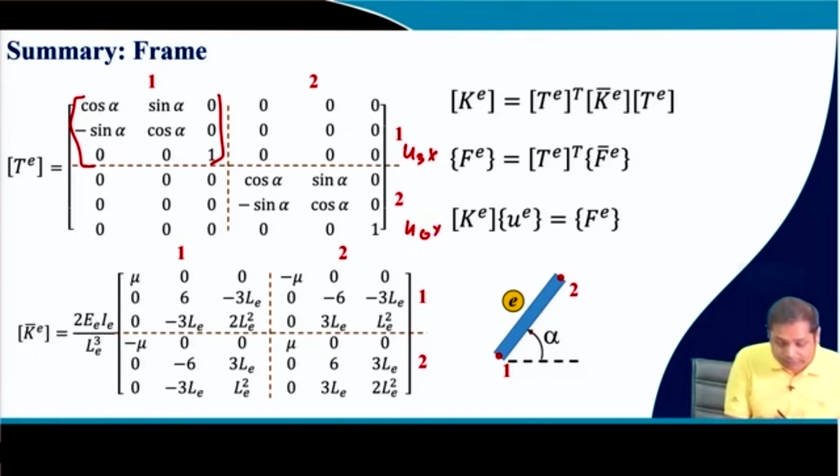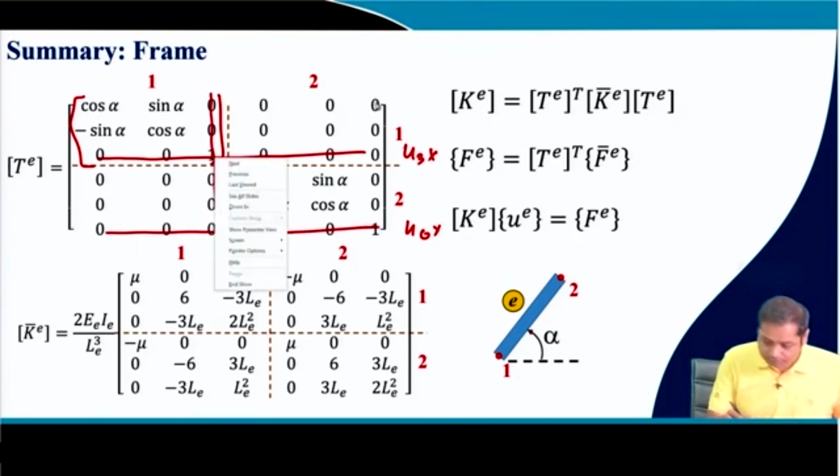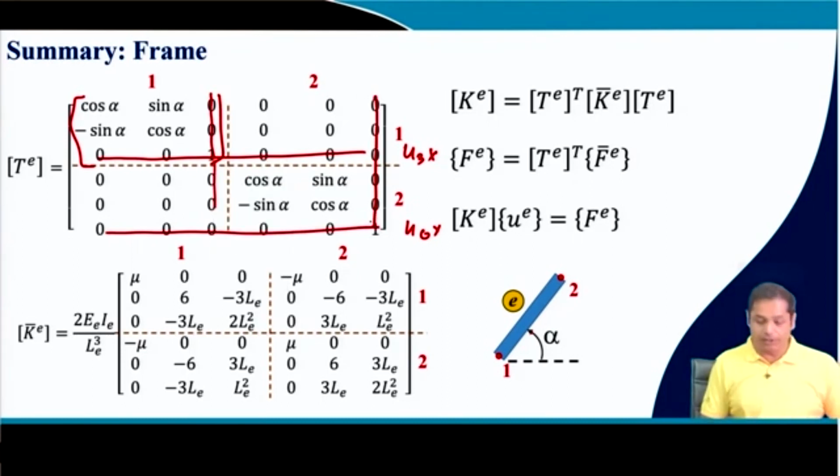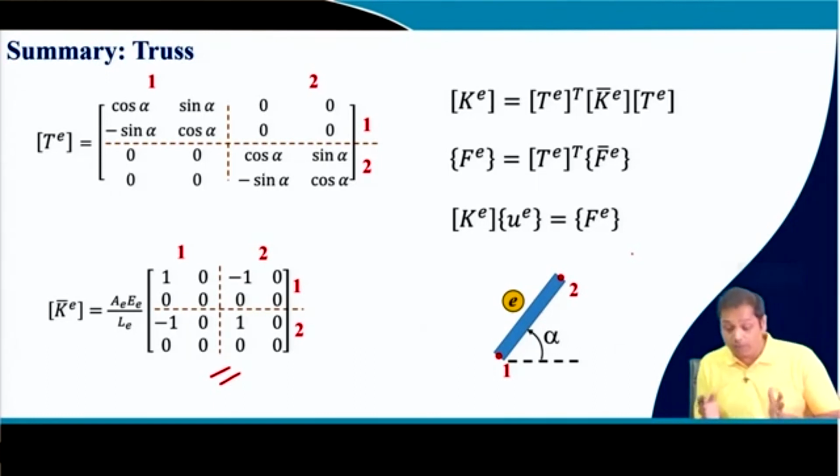If we remove the corresponding rows and columns, we will get the transformation for a truss problem. So for a truss problem, your transformation will be this, and this element stiffness matrix we have already seen. This element stiffness matrix is this, and these are the global equations.